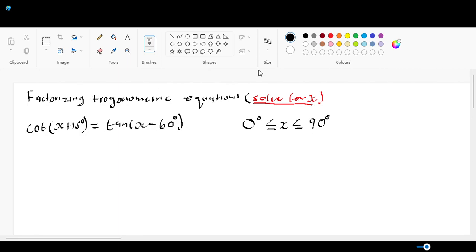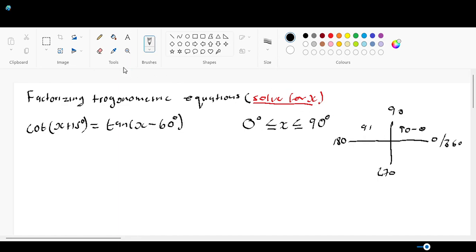Now let's go and draw our class diagram here in terms of our co-ratio rule. We have 0, we have 90 there, we have 180 here, we have 270 here, and we come back to 360. In terms of the co-ratio rule, we know that this is 90 minus theta, and this is going to be 90 plus theta.